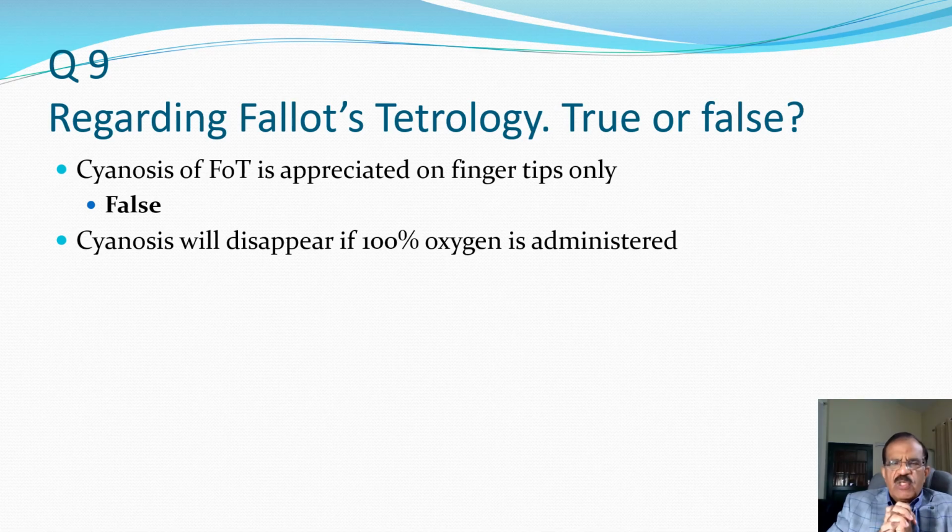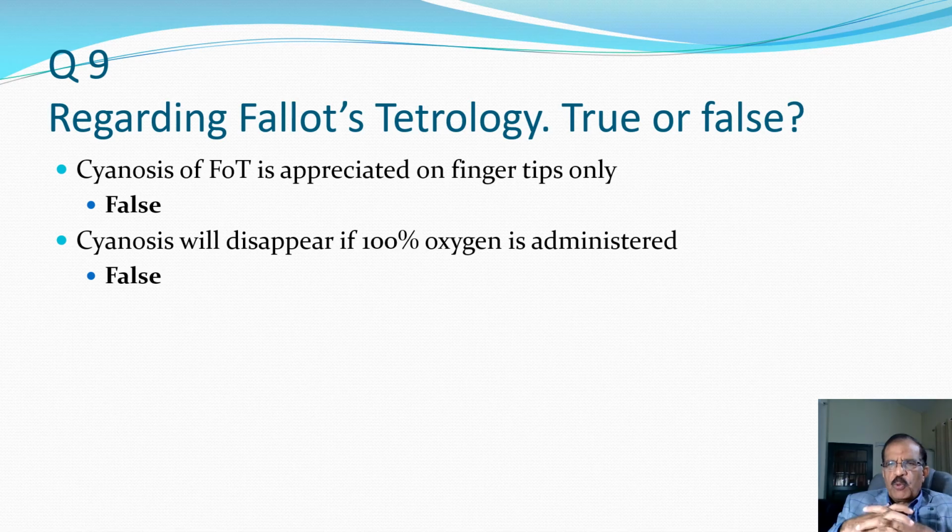Cyanosis will disappear if 100% oxygen is administered to the patient of Fallot's tetralogy. This statement is about Fallot's tetralogy. If you give 100% oxygen, will the cyanosis disappear? The answer is again false because in Fallot's tetralogy, blood never goes to the lungs.